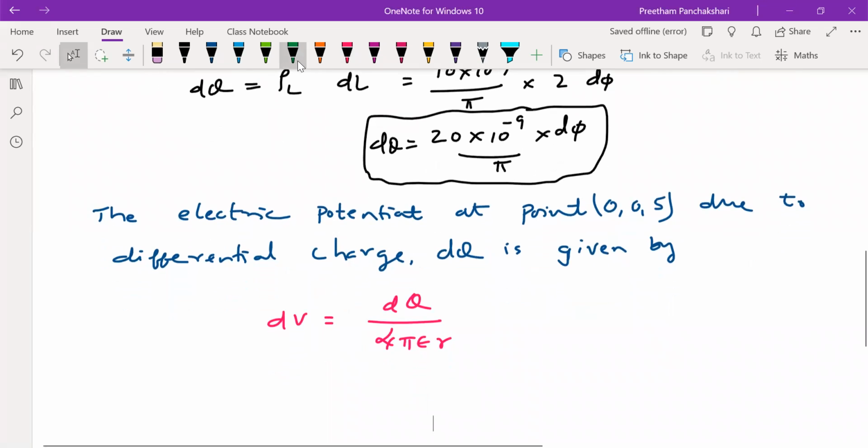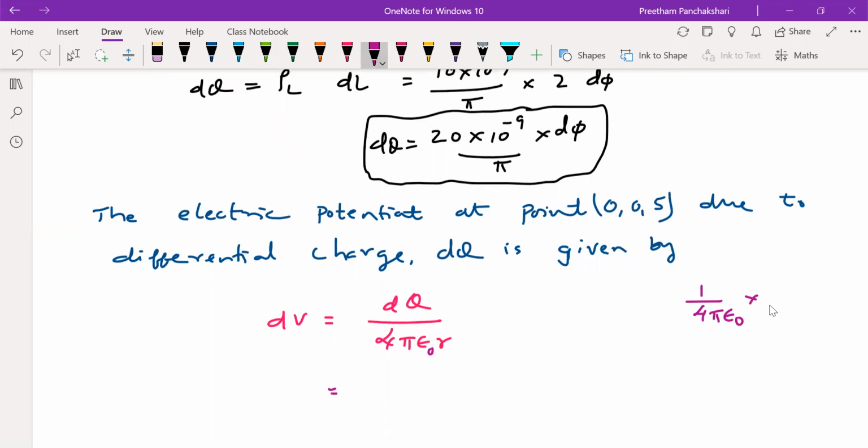So we can introduce all these terms in the equation one by one. 1 by 4 pi epsilon naught, taking free space as a medium. Upon substituting for epsilon naught, we have the value of 9 into 10 power 9. So we can replace 1 by 4 pi epsilon naught as 9 into 10 raised to 9, into dq.